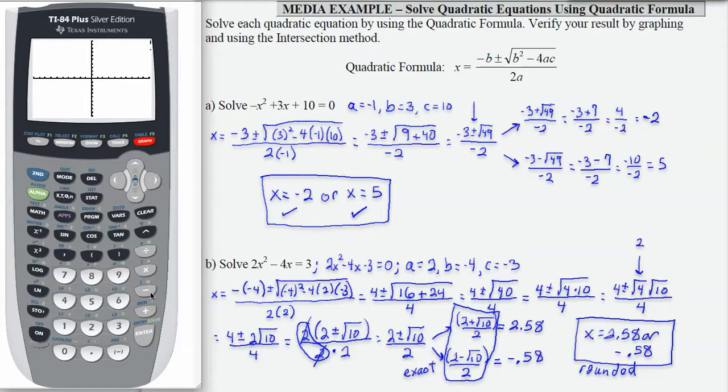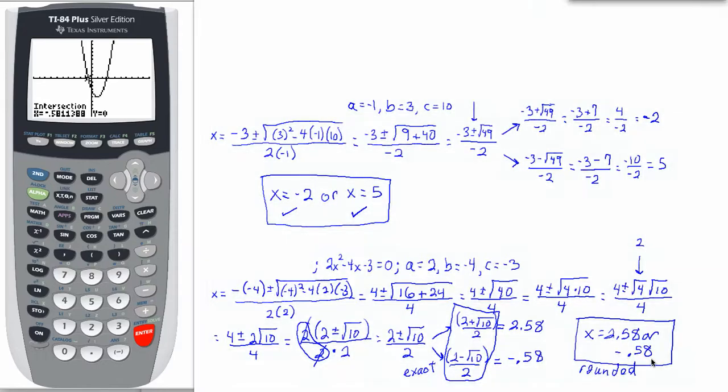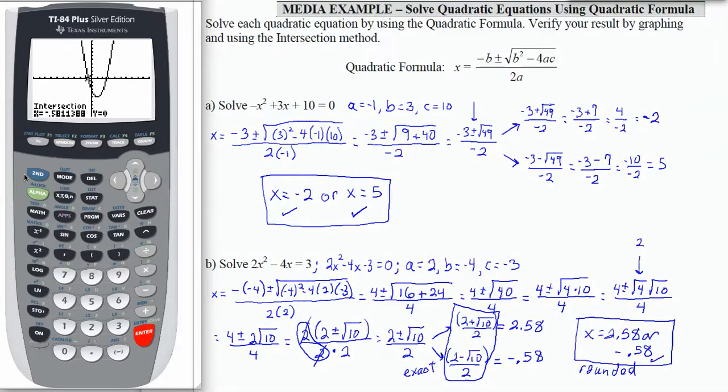Hit graph, and I can see where I cross. I'm going to cross here and here. My horizontal intercepts will give me my solutions to my quadratic equation. I'm going to use second calc number 5. Hit enter 3 times, and that's going to give me the left one, which is indeed negative 0.58. So the left solution has been confirmed.